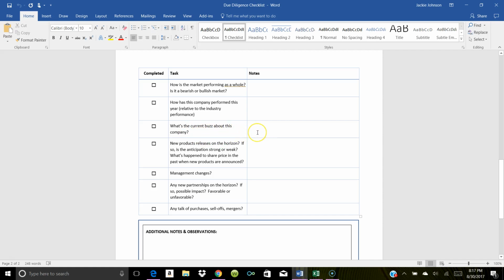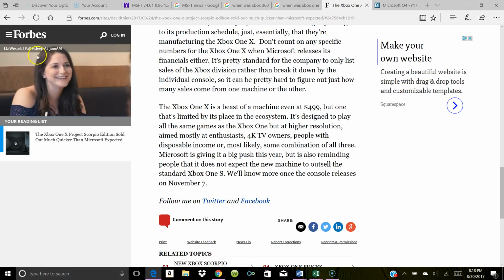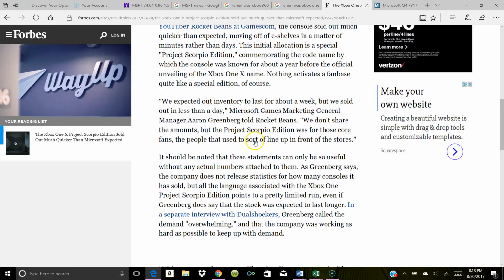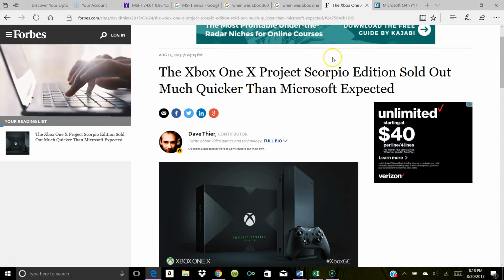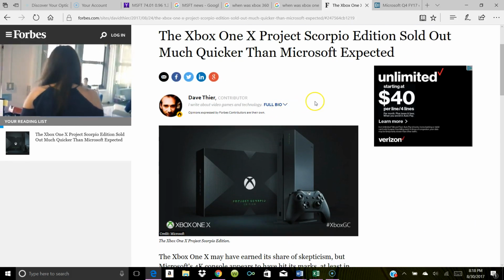For us, it's the Xbox One X. Kind of going into this next one about product releases. So for this Microsoft portion, everything we're doing is based off of information on this Forbes Xbox One X. So you kind of want to be able to go through and find information on your buzz.